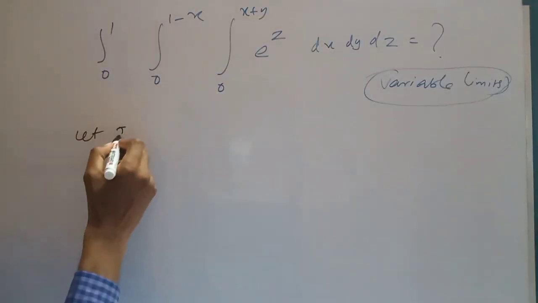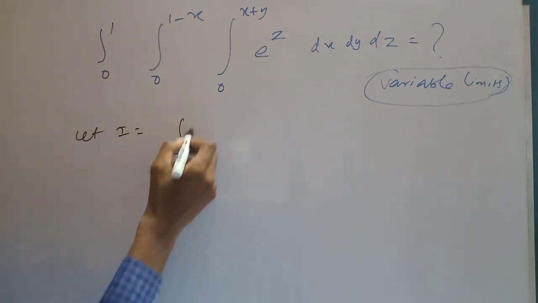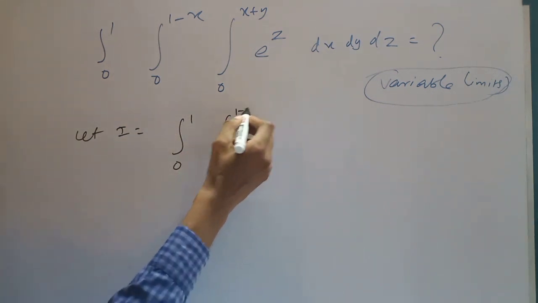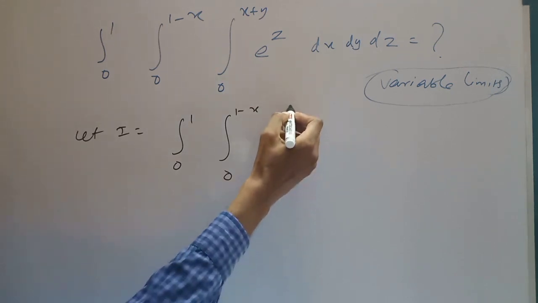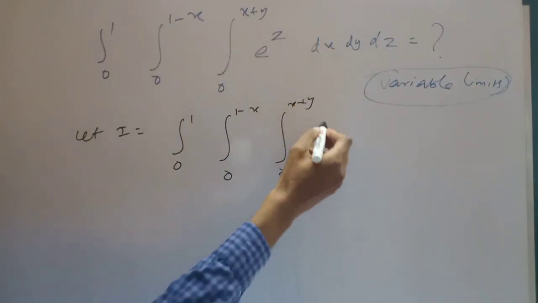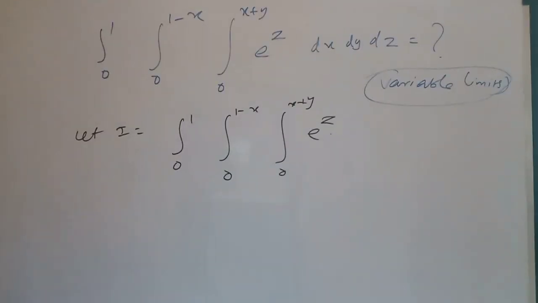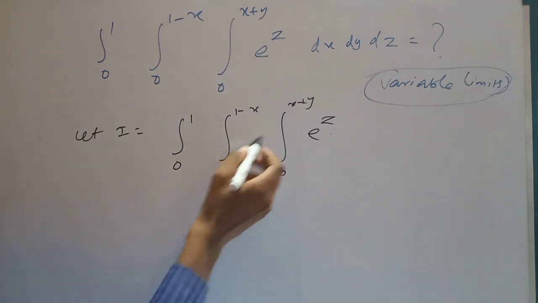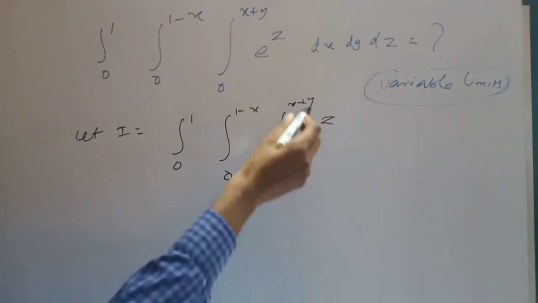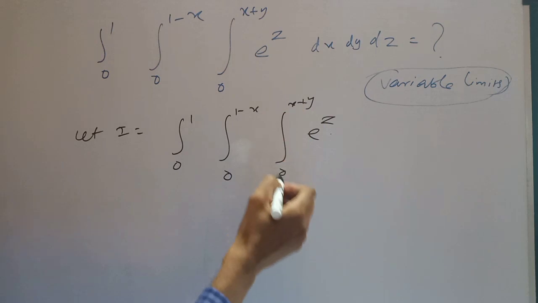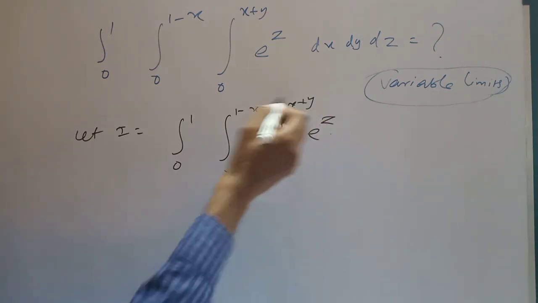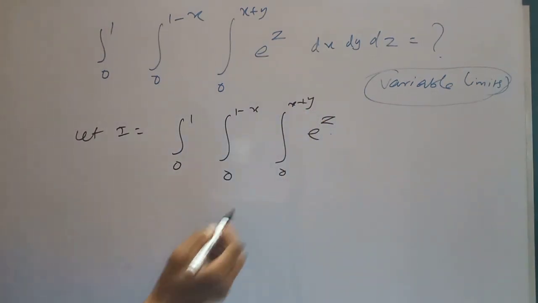So, how to write? Let I equal the integral from 0 to 1, 0 to 1 minus x, 0 to x plus y, e power z. The innermost integral limits are 0 to x plus y.